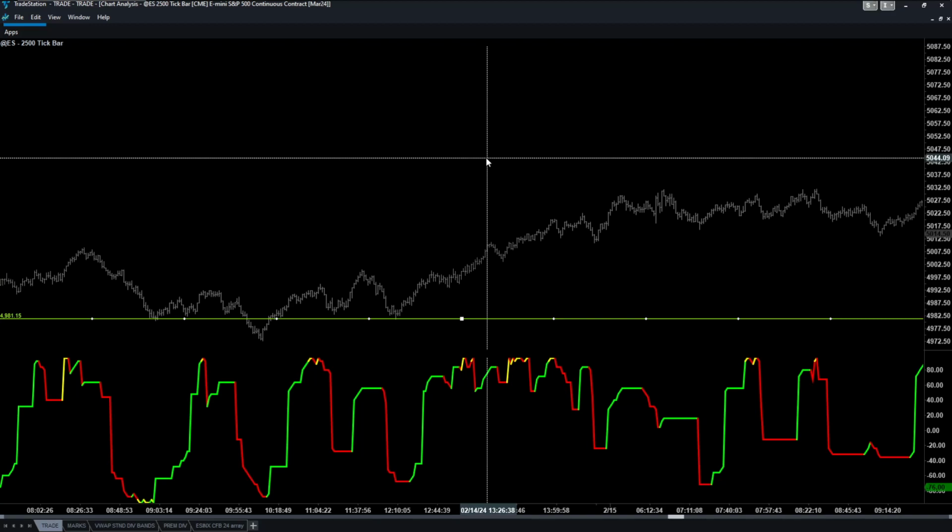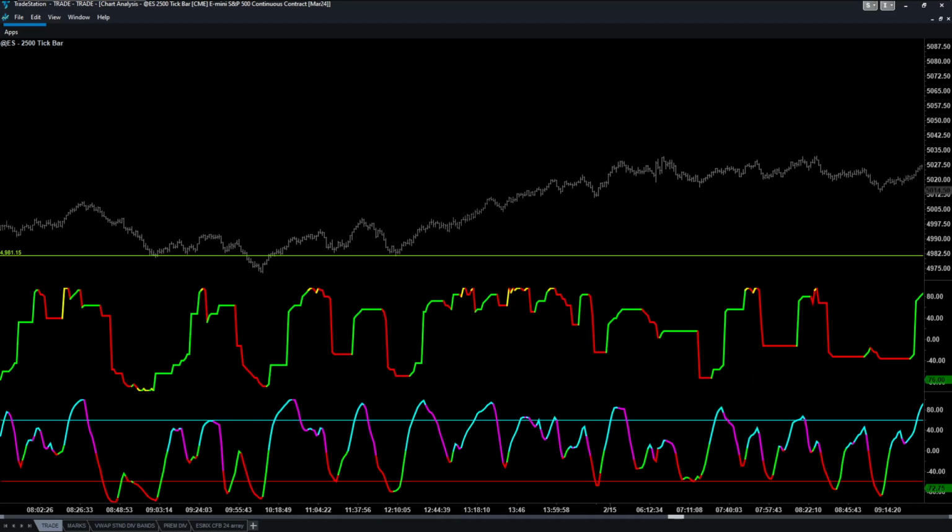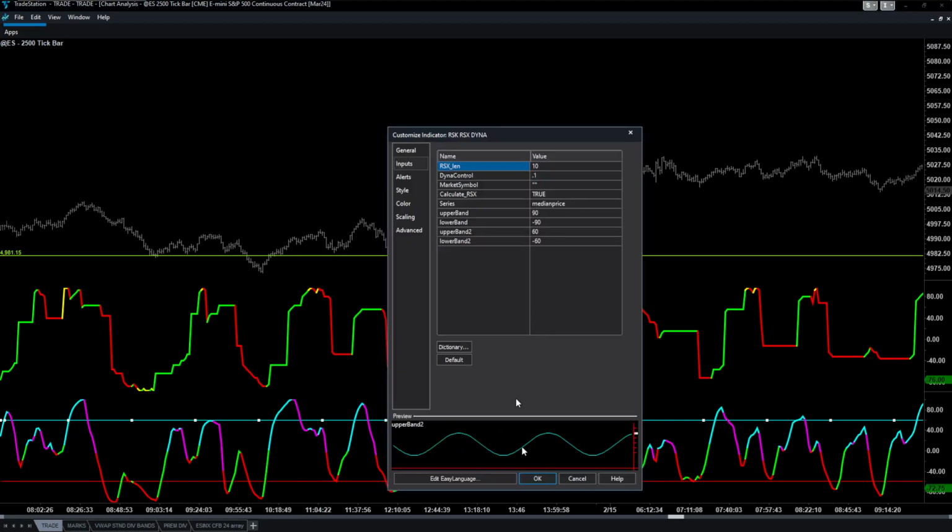Now, this indicator also has a range to it, as you can see. And with this particular setting, it'll go just above 90. So if you wanted to manipulate the upper and lower band, all you have to do is just change it.